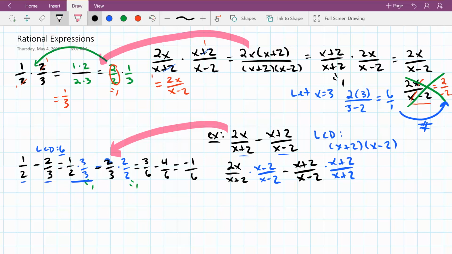Alright, now we have our LCD. I'll rewrite this one more time: the 2x multiplied by x minus 2 over x plus 2, x minus 2, minus x plus 2 times x plus 2 over x minus 2, x plus 2, which is the same as our other one.